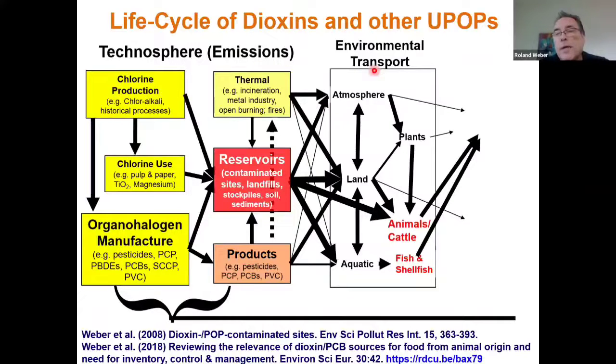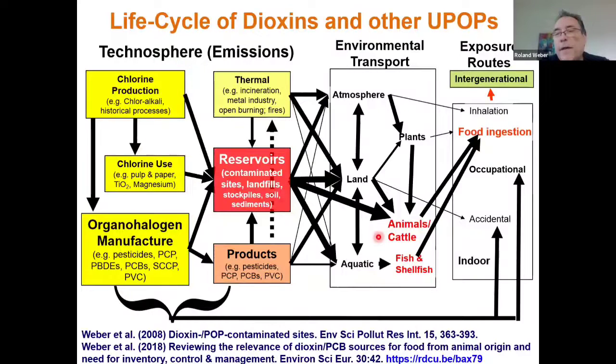And by this, over the last about 100 years, we have contaminated our soil and our sediments with dioxins. And what happens today is that these dioxins emitted are accumulated in animals and in fishes. And here, by this, finally, we have an exposure by food ingestion then to humans.